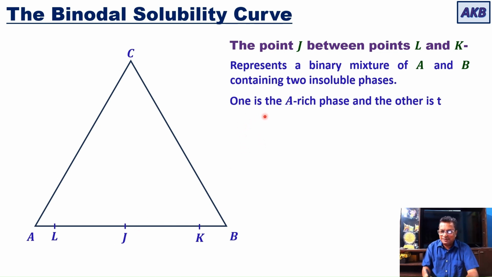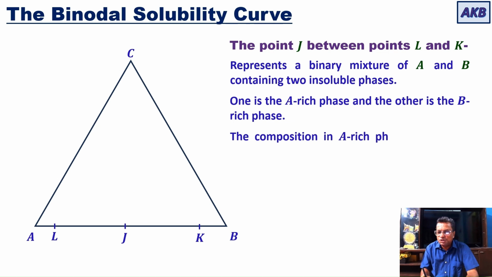Out of the two phases, one phase is the A-rich phase and the other phase is the B-rich phase. So at point J there will be a two-phase mixture: one is the A-rich phase and the other one is the B-rich phase. Any point between L and K will represent a two-phase mixture like this. One phase will be rich in A and the other phase will be rich in B. I hope you are understanding the concept.